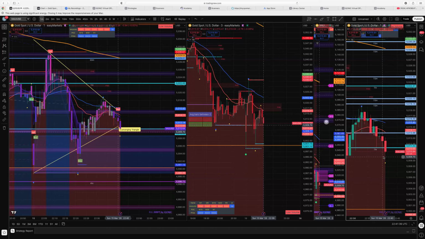Oh, it's broke the hour. It's broke the hour, but it's just pulled back. Just let it. Guys, remember, if you get in for a scalp, you need to be really quick with your stop because the way these candles are moving, you need to be really quick with your stop.